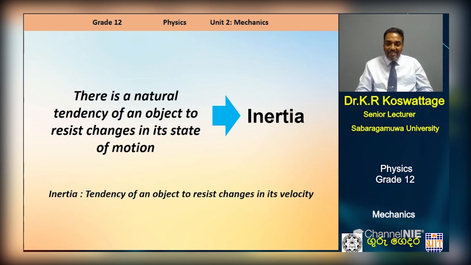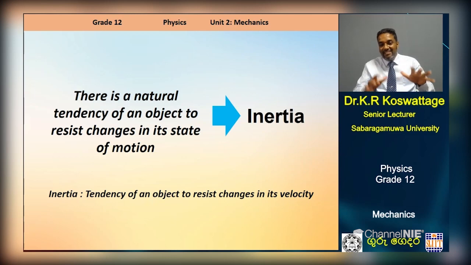So this is defined as inertia in physics. Here an object tends to stay at rest if it is at rest, or tends to stay moving if it is moving. Because, as I said, objects want to remain in their existing state.